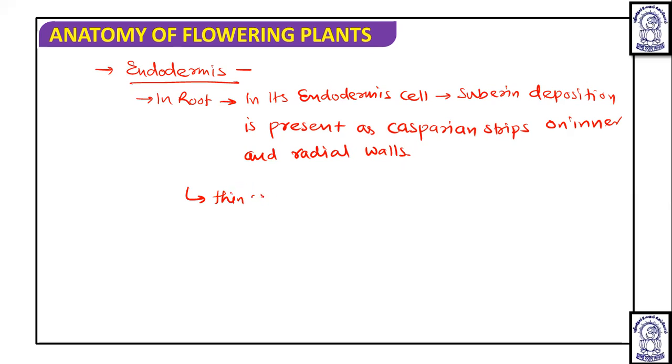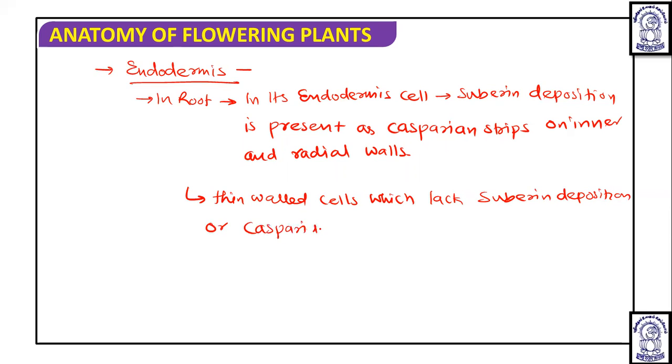And these thin-walled cells, which lack suberin deposition or Casparian strips, are known as passage cells.